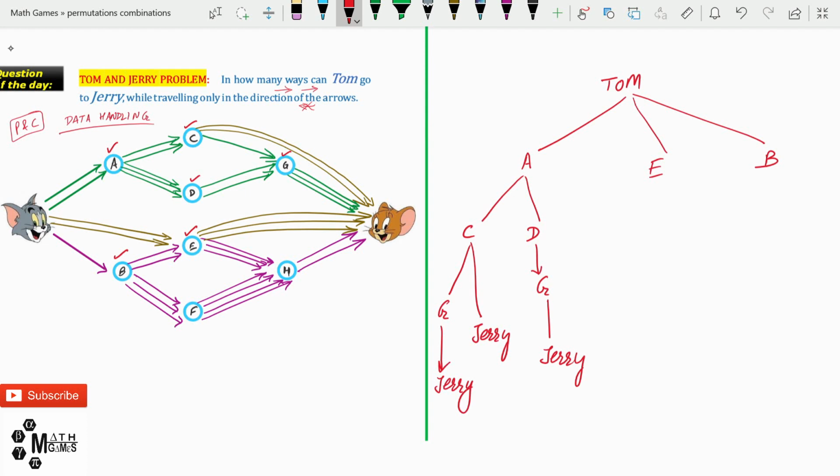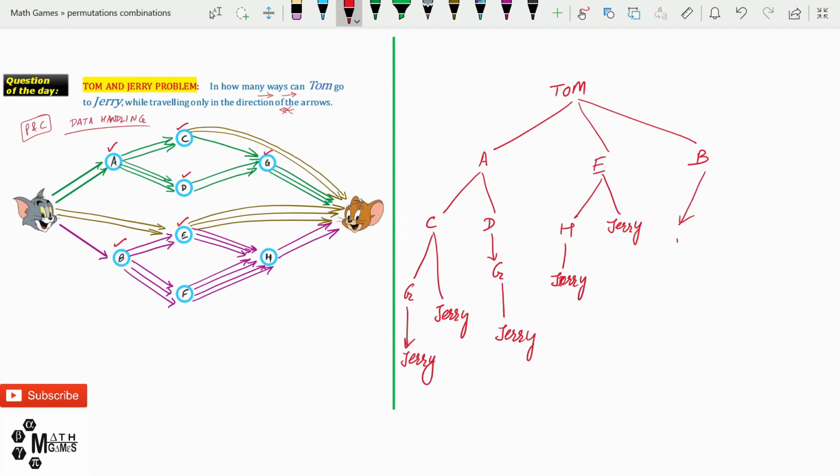When Tom goes to E, he has two options. From E, Tom can either go to point H or straight away go to Jerry. From H, the only possibility is to go to Jerry. Now when Tom is at B, he has two options.